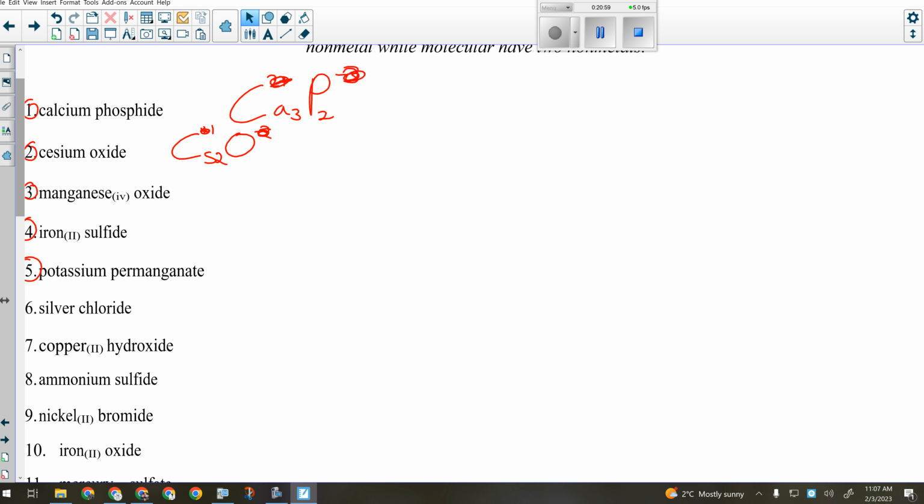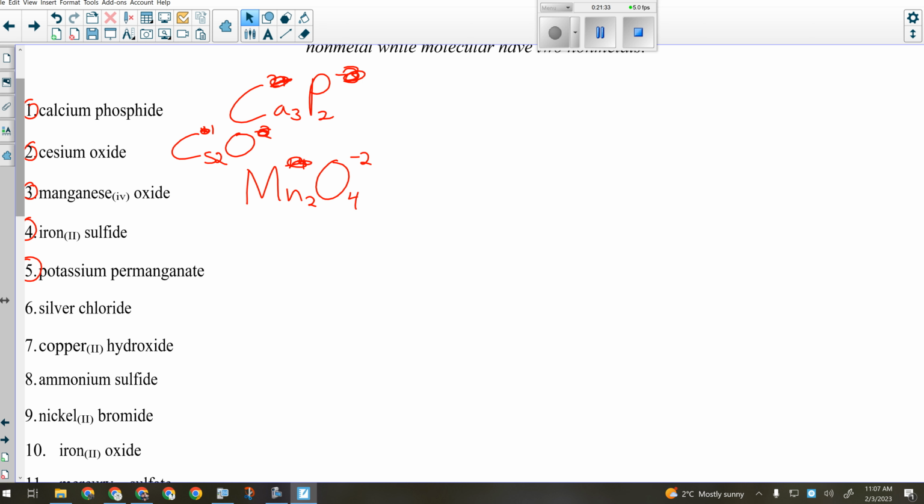Okay. All right, so we got one that's got a Roman numeral now. All right, so we got manganese with oxygen. Okay, it's an ionic compound because obviously we would only have Roman numerals if we have metals. Okay, so manganese is Mn, and the 4 tells me to write +4 up here for my drop and swap, and it's with oxygen, which is a -2. Okay, now when I drop and swap, I'm going to get 2 and 4.